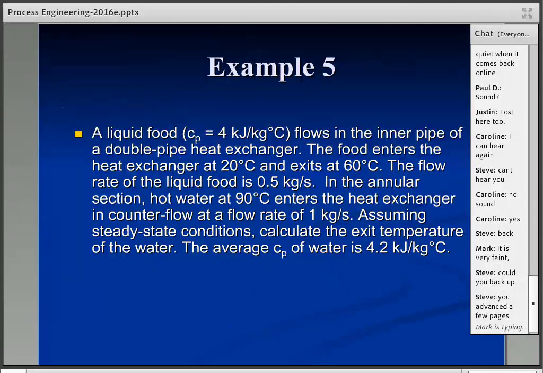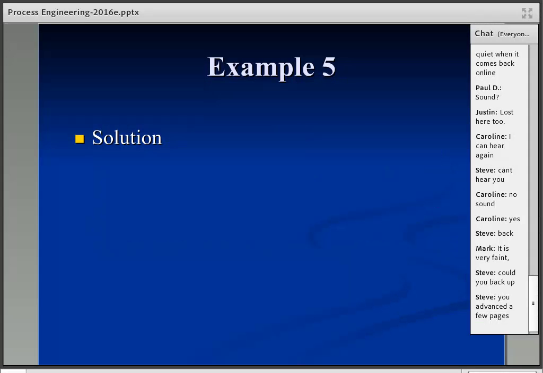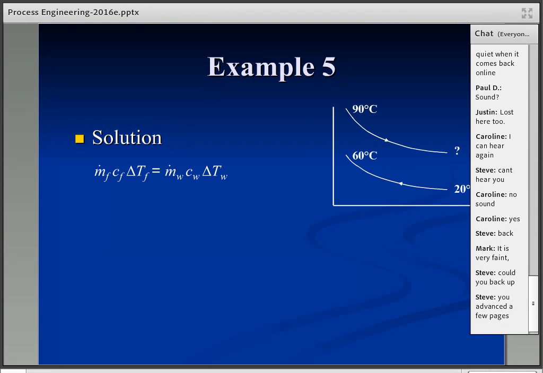So we specified this food being heated up. It's coming in at 20 degrees C, heated to 60. There's flow rate specified for the food and the water. The temperature of the water coming in is specified. And so if we look at a diagram of all that information up here in the corner, those are the temperatures, the food going from 20 degrees to 60 degrees C as it goes up through the heat exchanger. The water is cooling from 90 degrees to an unknown temperature.